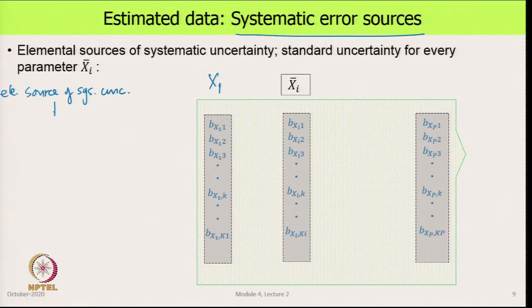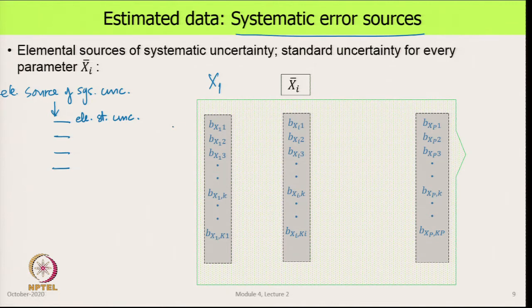And now, we do not have that much data, but we have some information. For example, we have the accuracy, we have the linearity, and on the basis of that, for each one of these sources, we estimate its elemental standard uncertainty, the elemental standard error.